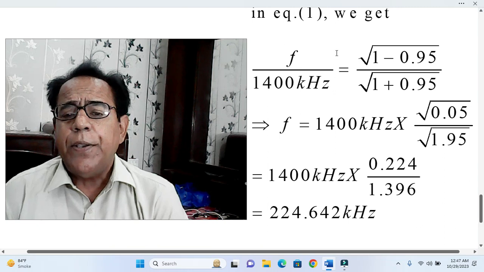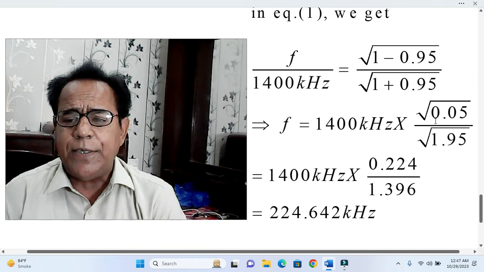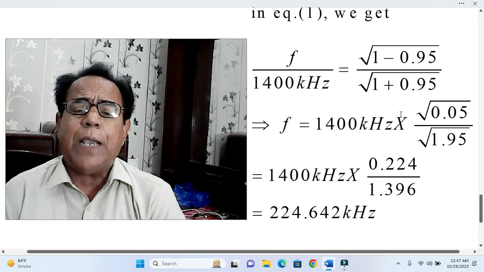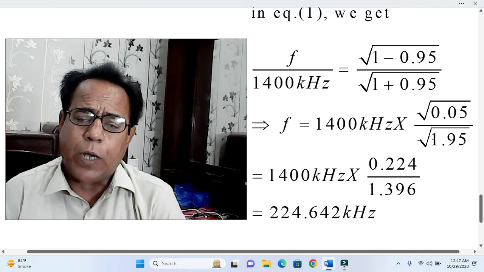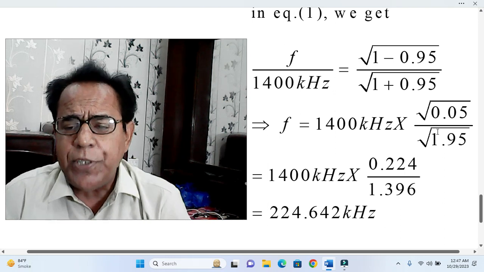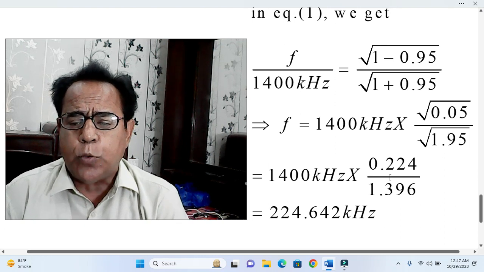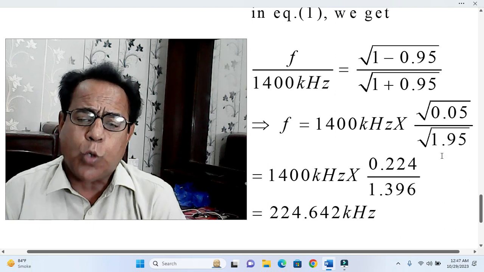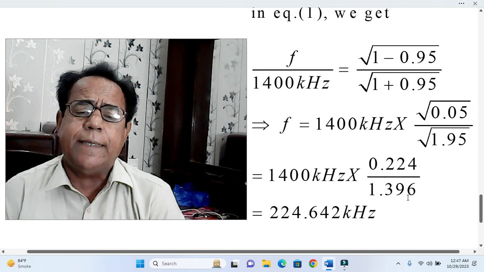Moreover, when we subtract 0.95 from 1, we get 0.05. Similarly, when we add 0.95 to 1, we get 1.95. Moreover, the square root of 0.05 is equal to 0.224, while the square root of 1.95 is equal to 1.396.